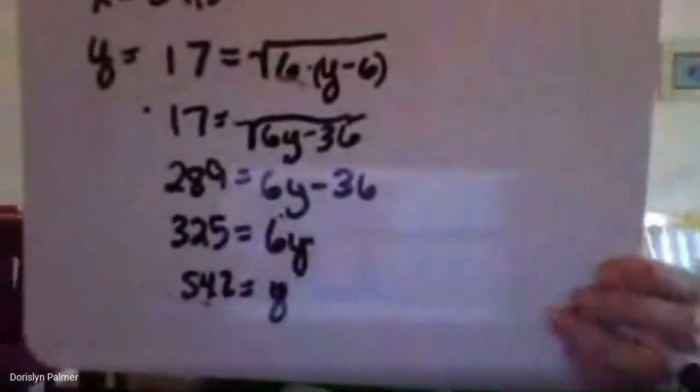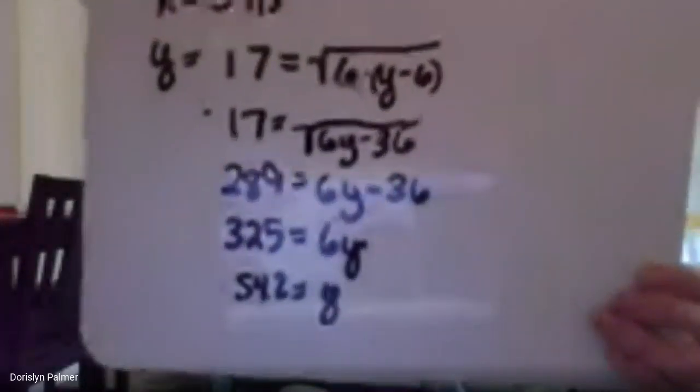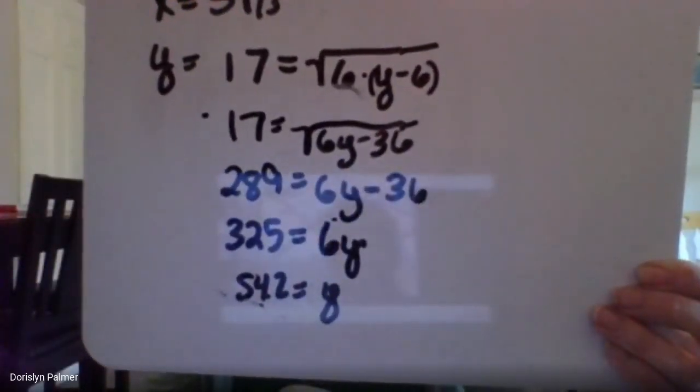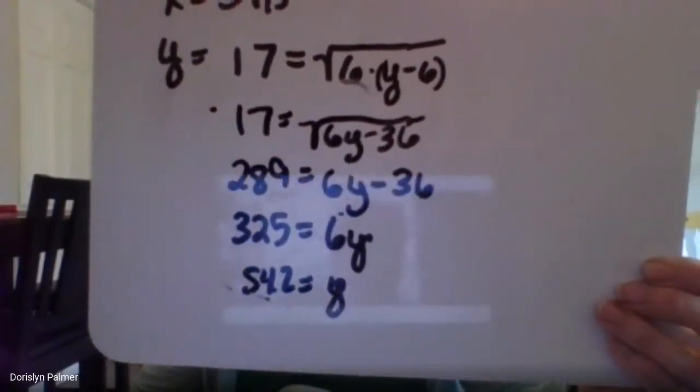Okay, then to find z, I like to use the Pythagorean theorem for that, but you guys might use something different.